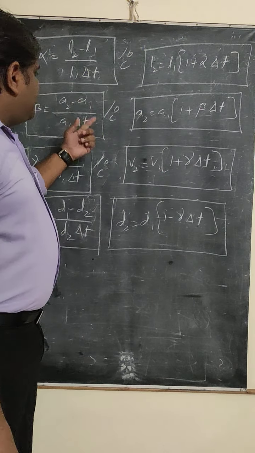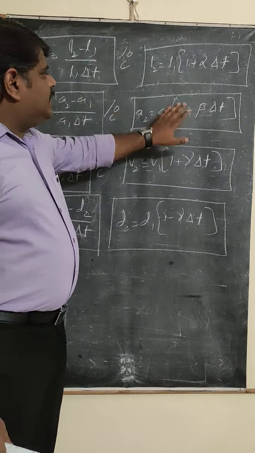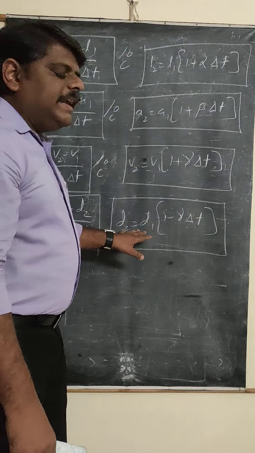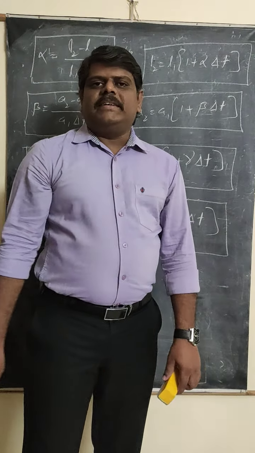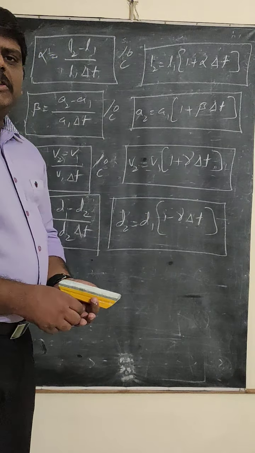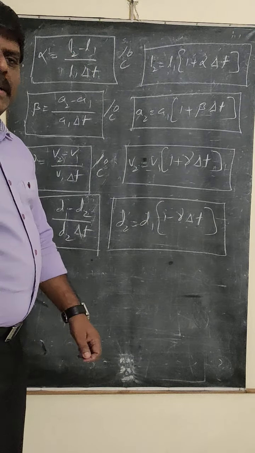In the case of alpha, beta, gamma, in terms of length, area and volume, you get plus in the formula. But for the final density, you get a negative sign. Why? Because the final density decreases: when the volume increases, the density decreases. So these are the formulas you need to remember to solve the problems.